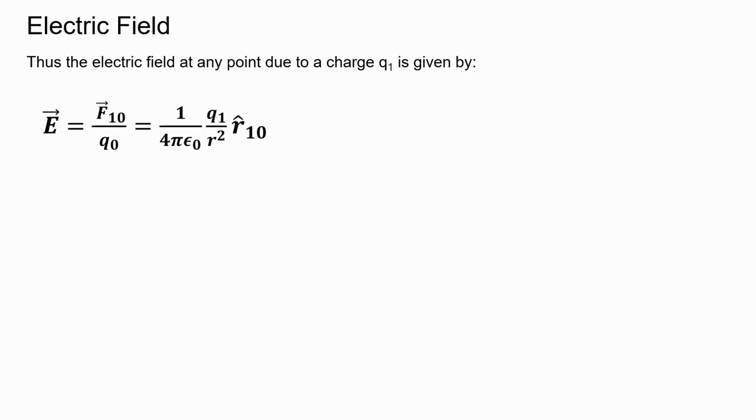So because we can place our imaginary charge Q naught anywhere we would like, the electric field at any point can be calculated due to a single point charge Q1, and this is given by E equal to 1 over 4 pi epsilon naught, Q1 divided by the distance between the two points squared, multiplied by the unit vector pointing from Q1 to our imaginary charge Q0.